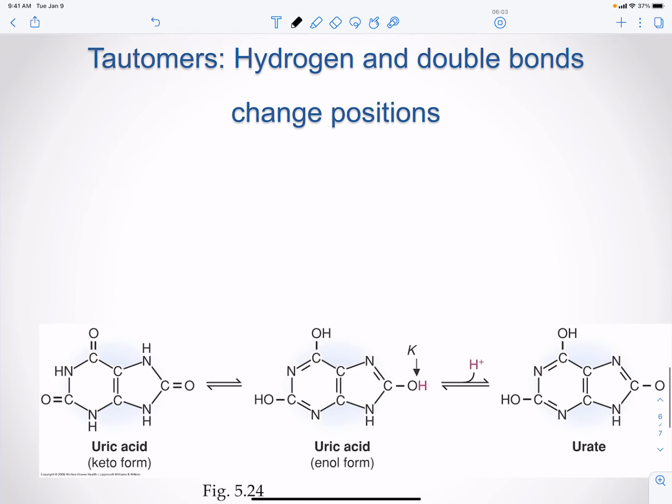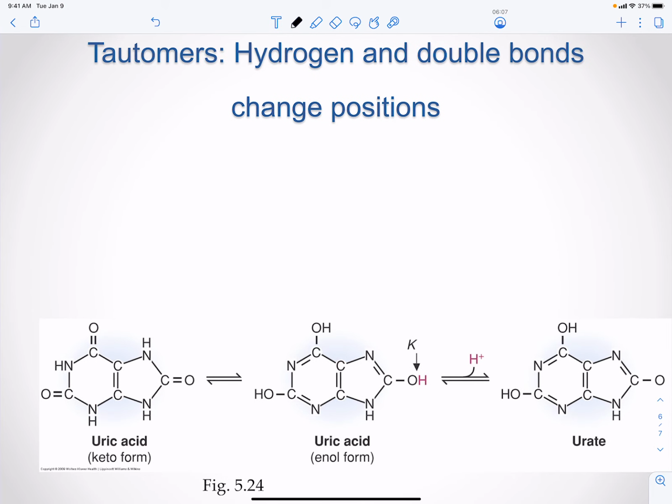All right, so here we have tautomers. Tautomers are going to be alternate forms containing nitrogen. We had isomers for our sugars, so here we have our tautomers for our nitrogen-containing compounds. So we're going to, for example, have uric acid as a tautomer with urate.